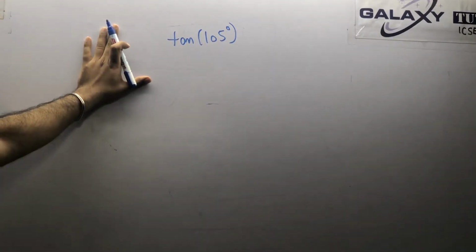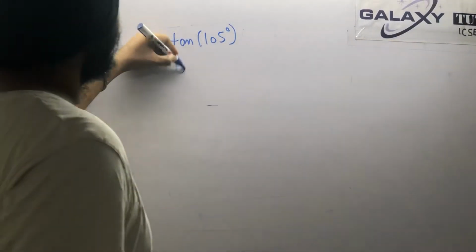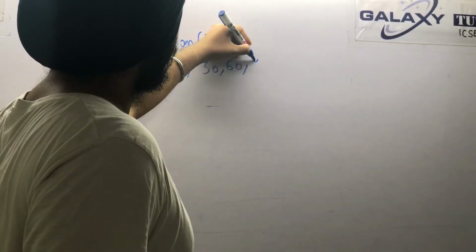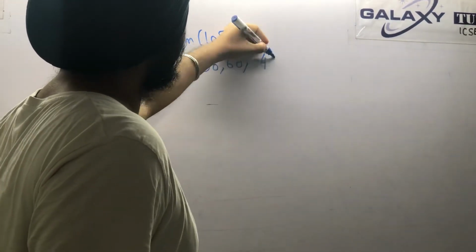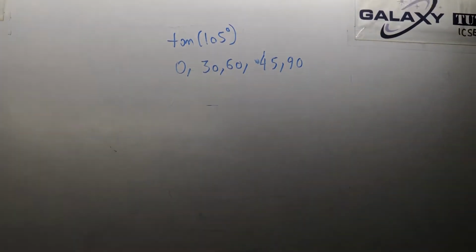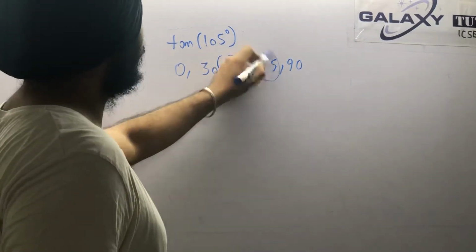What are those angles? Let us see. I will write here 0, 30, 60, 45 also, I forgot to write, and 90. These are the basic functions that you know. So which two can you use to make 105? You can use 60 and 45.